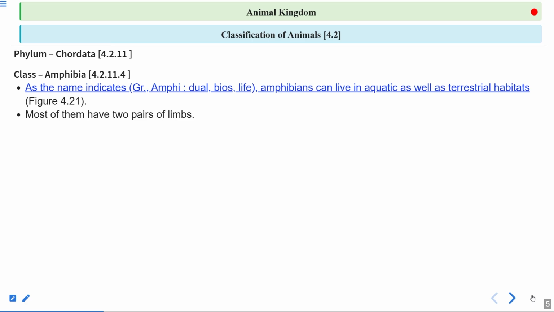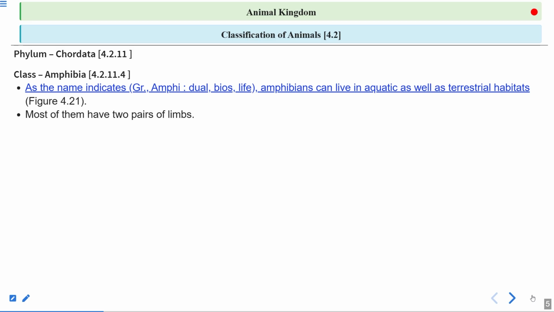Most of them have two pairs of limbs. If we see the fundamental characteristics, just looking at the organism's external body structure, we see that they have two pairs of limbs, forelimbs and hind limbs. One pair is the forelimbs that constitute the hand, okay?